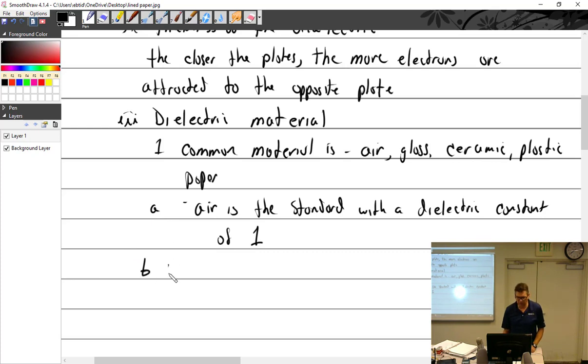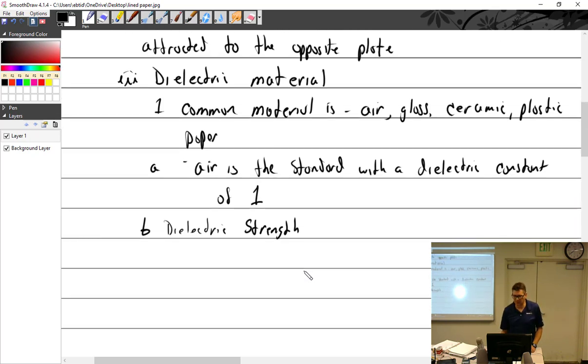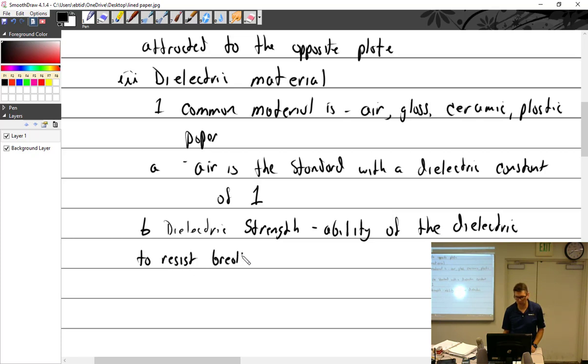B, dielectric strength: the ability of the dielectric to resist breakdown, which is known as leakage. You don't want leakage.